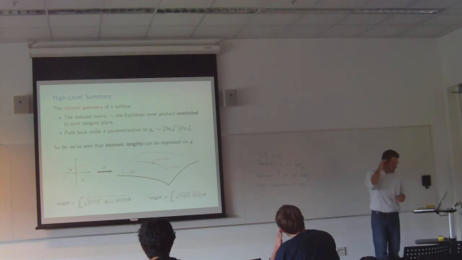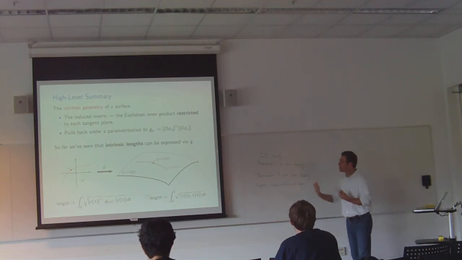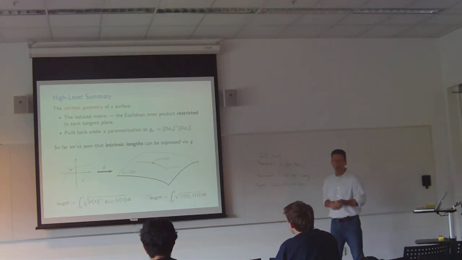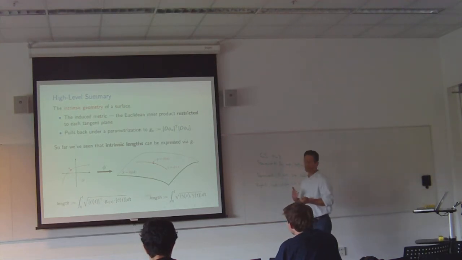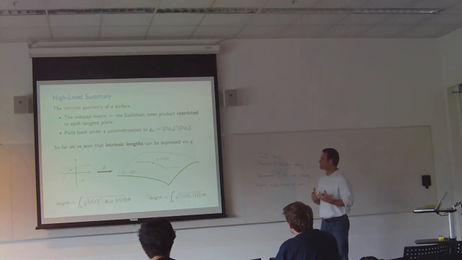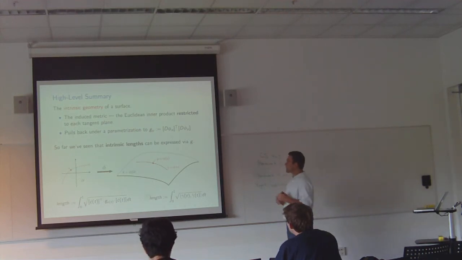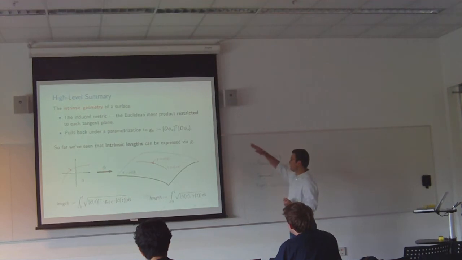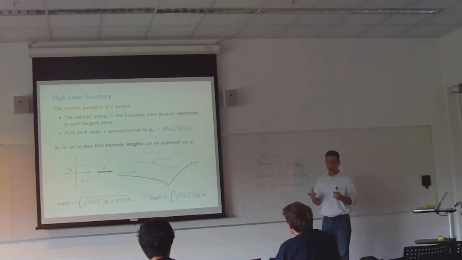So then we move forward and we started talking about the so-called intrinsic geometry of the surface. And well, we just started and I haven't quite justified the name yet, that this is something special and different. But in any case, where we began was, we talked about the induced metric. And this is the inner product of Euclidean space, except viewed from the tangent planes of the surface themselves.